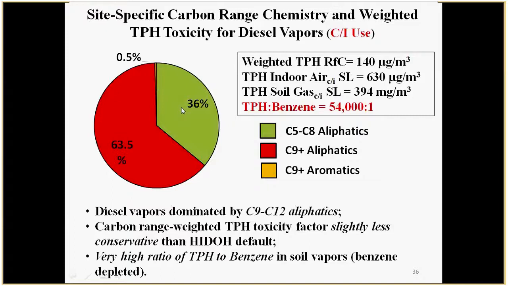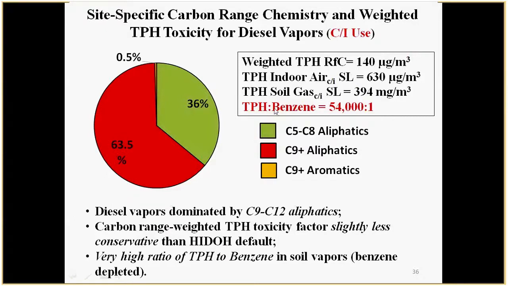They're coming out of diesel fuel. And this site reeked. You could smell the diesel vapors, obviously, when they're digging into it. So we get a much lower weighted inhalation reference concentration in comparison to the gasoline vapors, a lower indoor air screening level, even for commercial industrial use, and then a lower soil gas screening level for vapor intrusion compared to gasoline for this site.